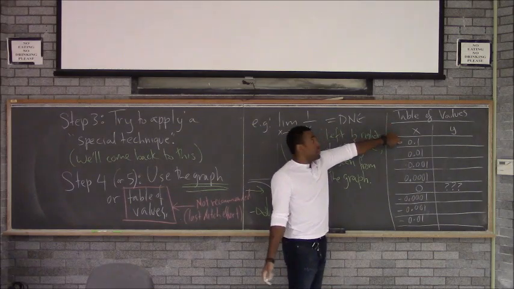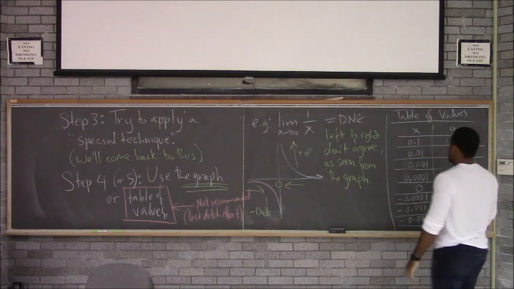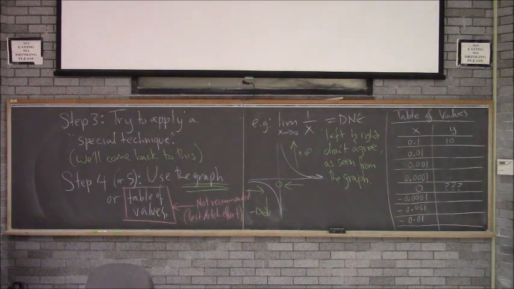0.1 means 1 over 10. If I plug in 1 over 10 into 1 over x, I would get 10. Right? 0.01 is 1 over 100. If I plug that into that, I would get 100. 0.0001 is just 1 over 1,000. So if I plug that into that, it's going to give me 1,000. This is 10,000.